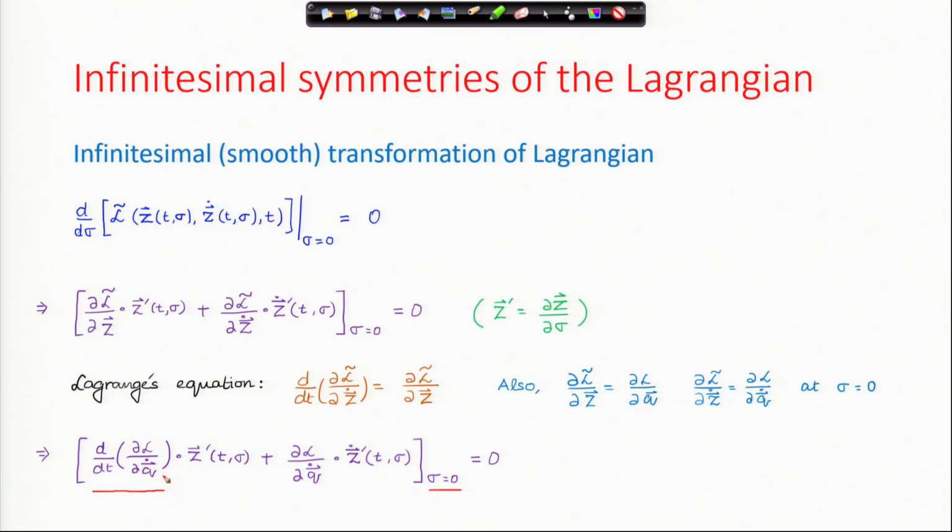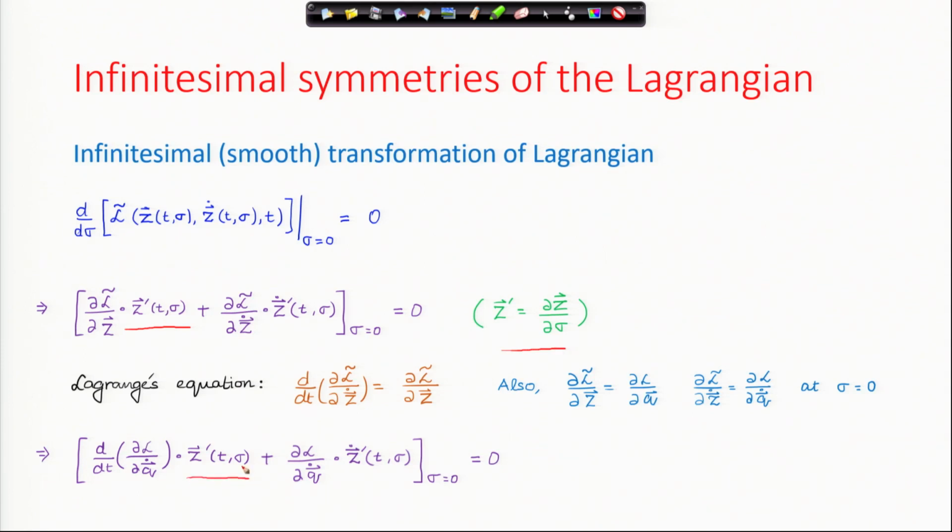Therefore, I replace ∂L̃/∂z from here, and ∂L̃/∂ż is nothing but ∂L/∂q̇, which I have written here, and d/dt of that. So, this step I have done, and that dot z prime, remember z prime is ∂z/∂σ.